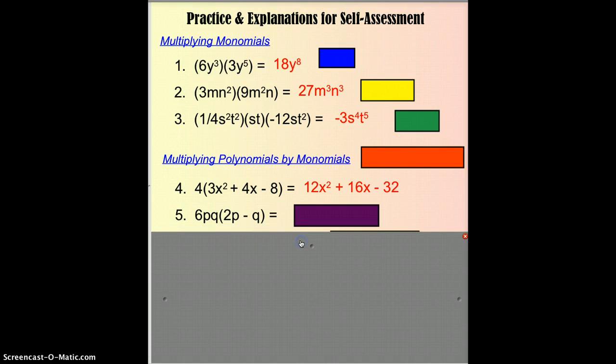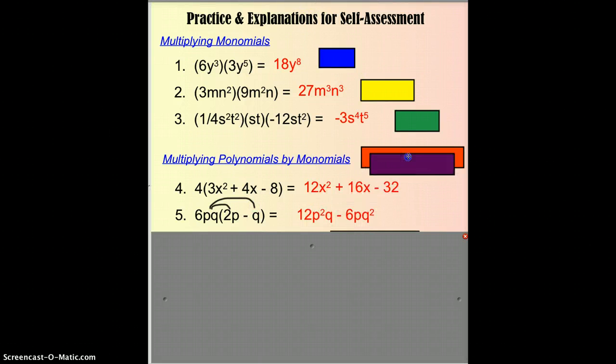Number 5. 6 times p times q, the monomial, now being multiplied by the quantity of 2p minus q. Remember, distribute 6pq. Pause the video here to see what you get.